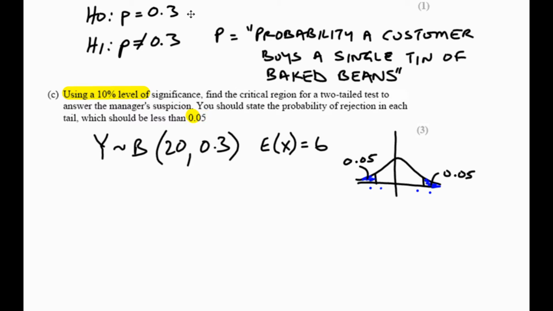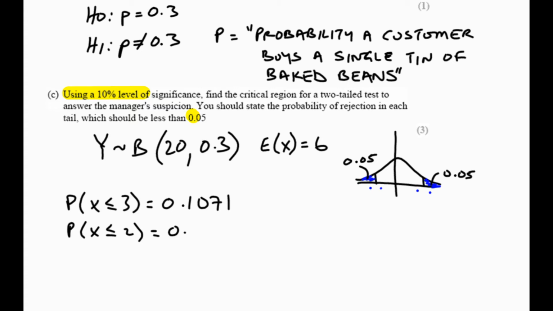Okay, looking in my tables or using the calculator, I know 0.3 and 20 are very table friendly. The probability that Y is less than or equal to 3 equals 0.1071. And the probability that Y is less than or equal to 2 equals 0.0355.